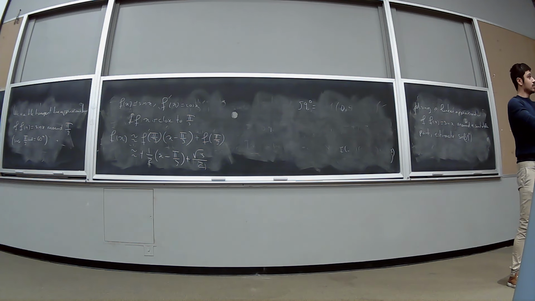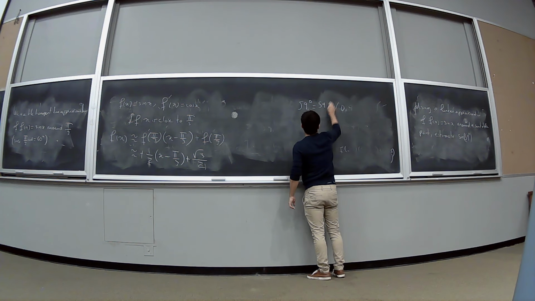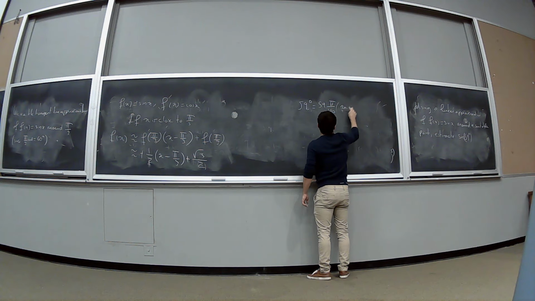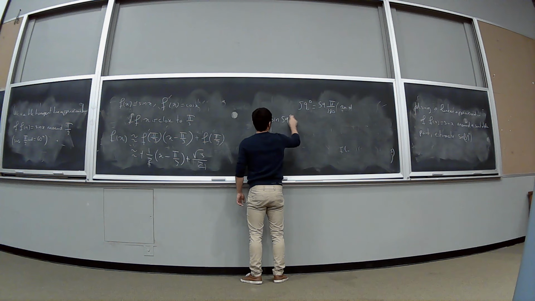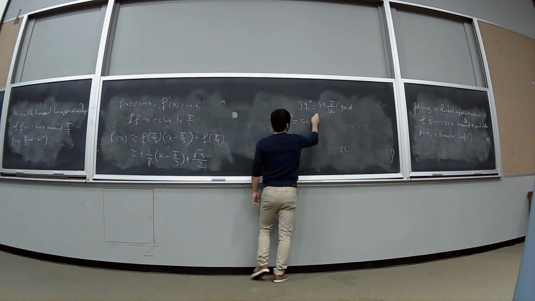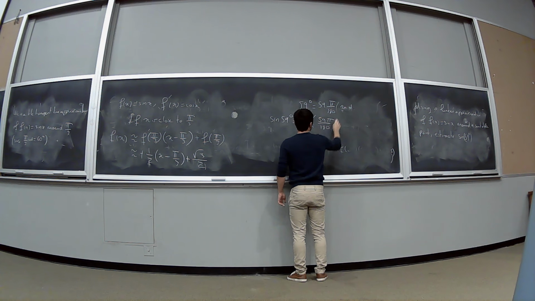It is pi over 180. So 59 degrees is 59 times pi over 180 radians. So sine 59 degrees is just equal to sine of 59 pi over 180.